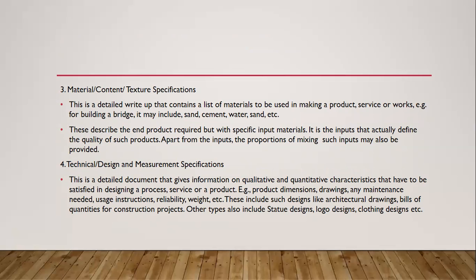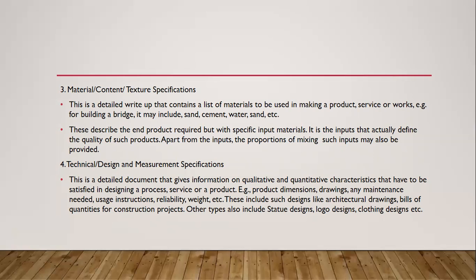Under material or content or texture, basically it gives a detail or a write-up of what a material contains. Basically, it is used when you're making a product, a service, or works. You can decide to use it for building a bridge, or maybe you need some requirements on the sands that you require, the cement, the water, and water view.